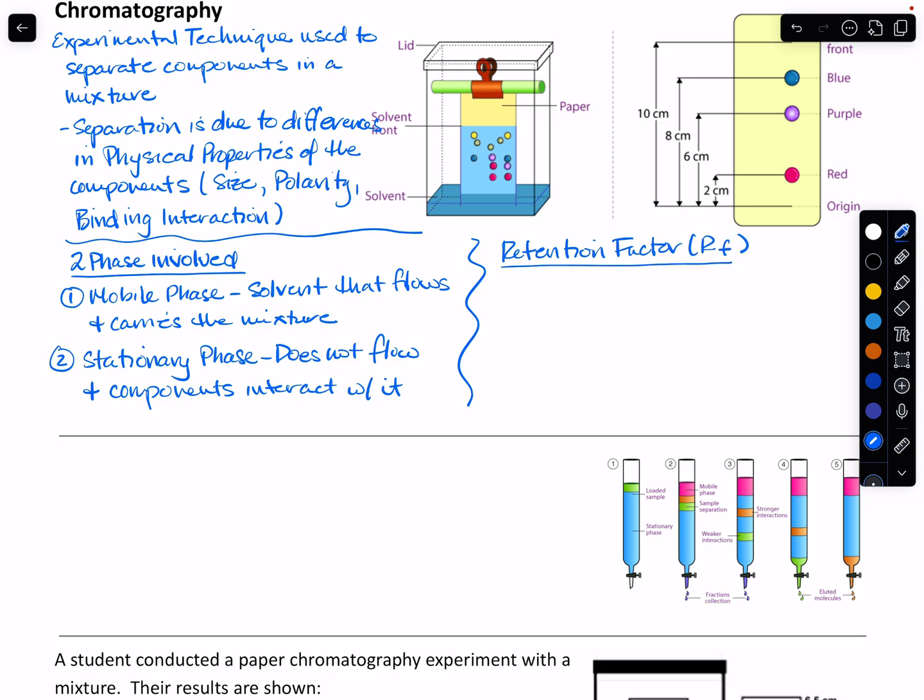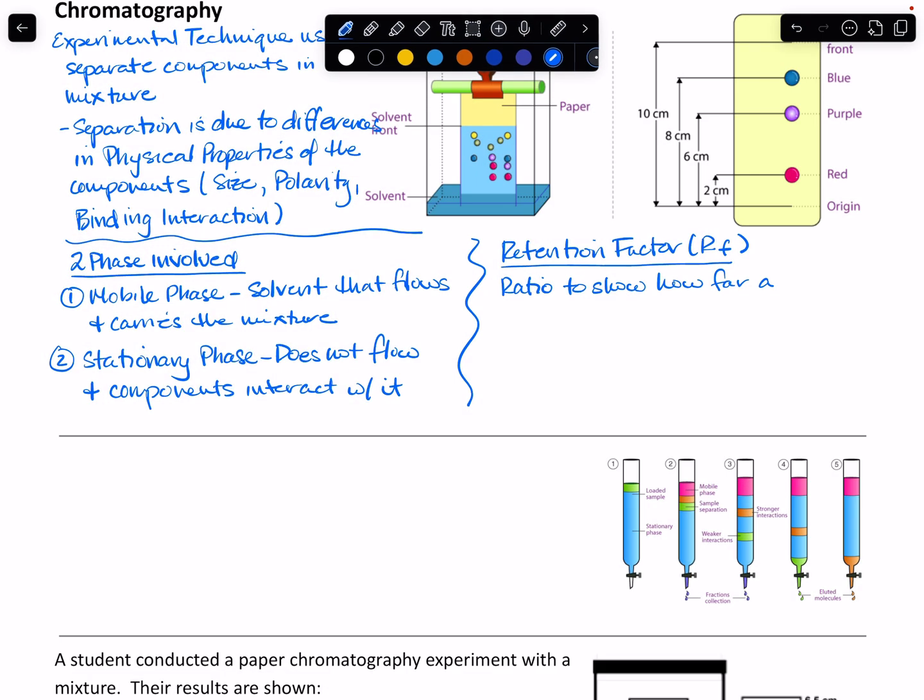And what this is, is a ratio to show how far a component moves with the mobile phase.